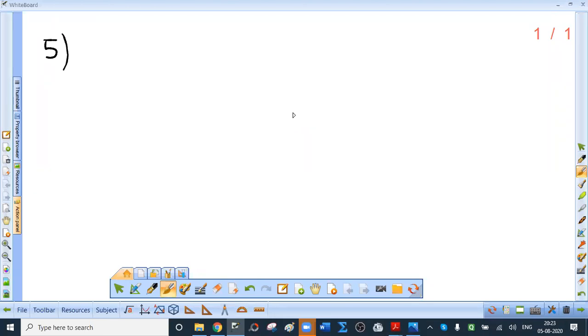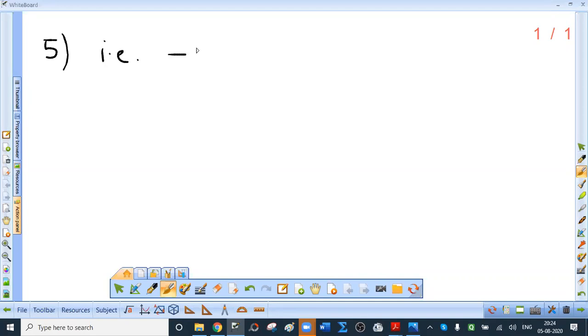whose y coordinate is decreasing and x coordinate is increasing at the same rate.